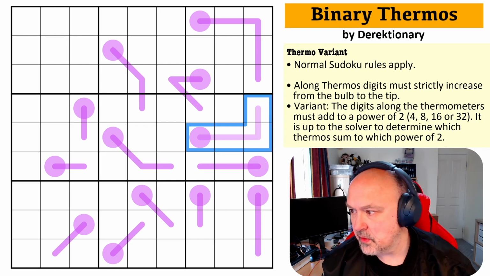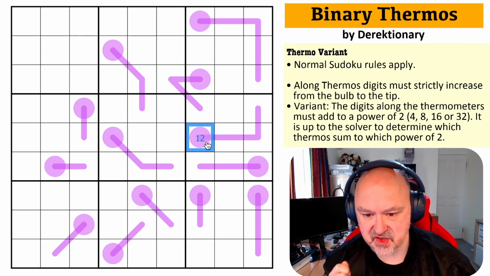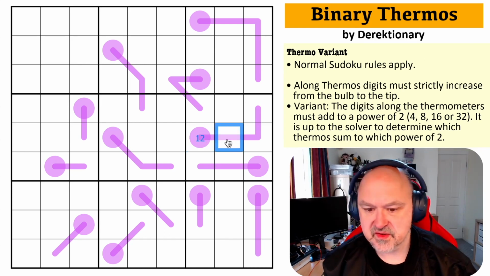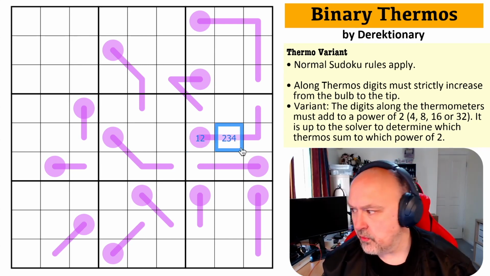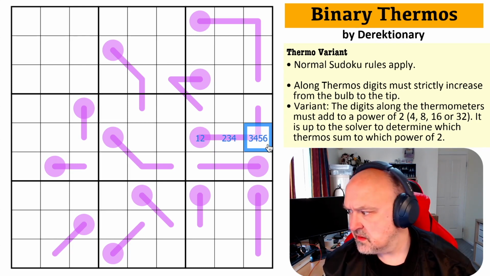And I'm going to put them on my tracker. So there we go. So this is either going to be a 1 or a 2, which is the lowest digit you can have on the thermo. But after that, it gets wider. So this could be a 2, a 3, or a 4. The next one can go up to a 6. 3, 4, 5, 6. Can it be a 3?